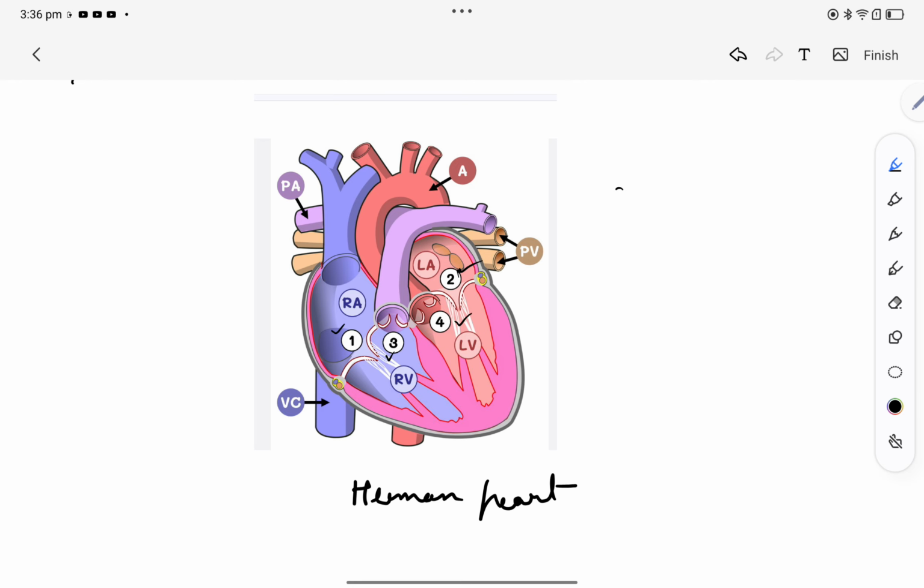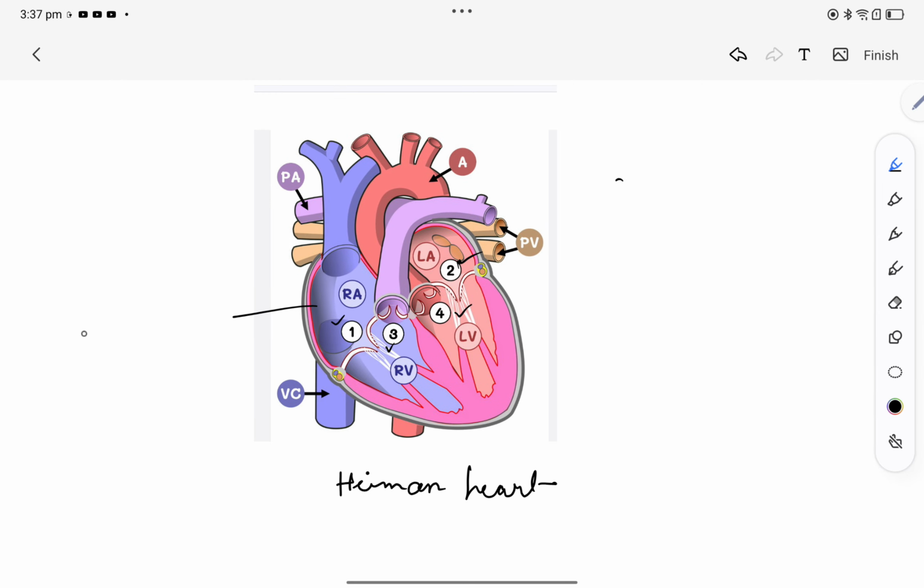So these are the four chambers of the human heart. Now, this portion is the right atrium. It is written RA. I'm going to write it in full form. It is the right atrium.